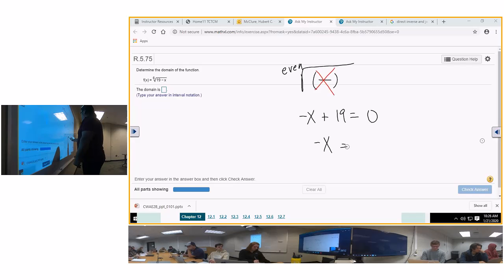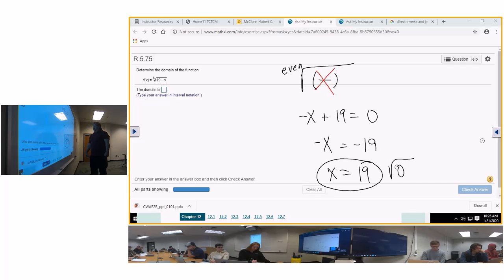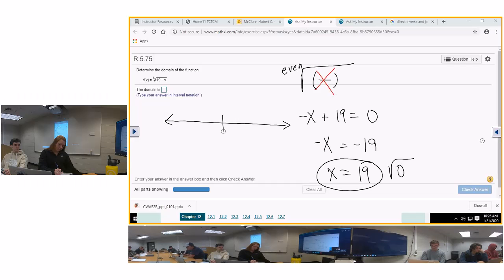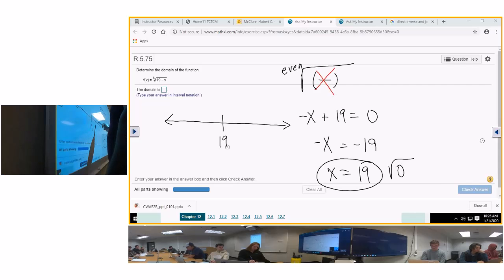Negative x is equal to negative 19. X is equal to 19. So when you plug in x is equal to 19, you're going to get a what? 0 in the denominator, which you can have. Now you must decide what you can't have. Here is 19. 19 gives you 0 in the radicand.